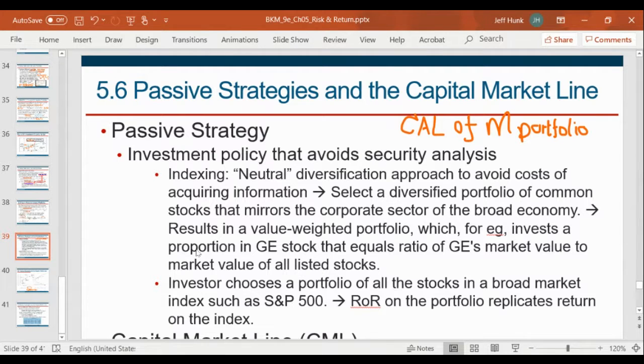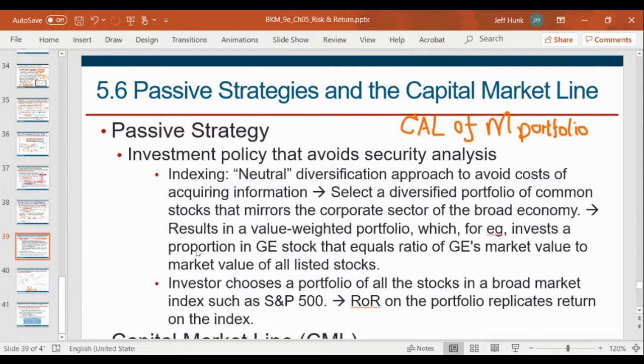So think about it, you exactly mirror the S&P 500. If you have $1 million, you allocate your funds exactly like the S&P 500, but the S&P 500 is value weighted, right? In other words, General Motors or General Electric or these companies would have more weight in this S&P 500 portfolio.